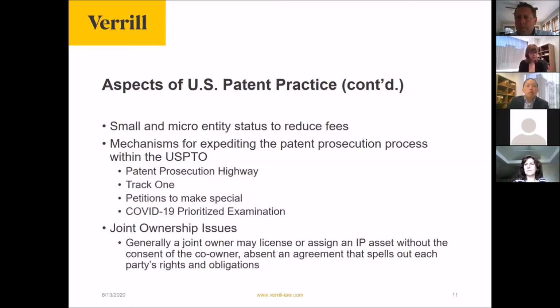There is a limit on those applications. The Patent Office is only accepting up to 500 of them, and as of yesterday, I believe there were still 374 slots available, so it doesn't look like it's going to fill up too rapidly.